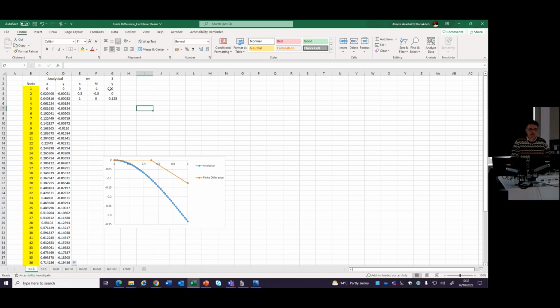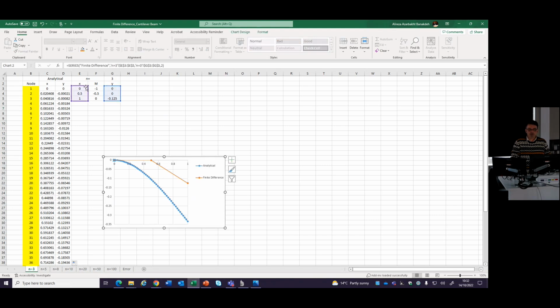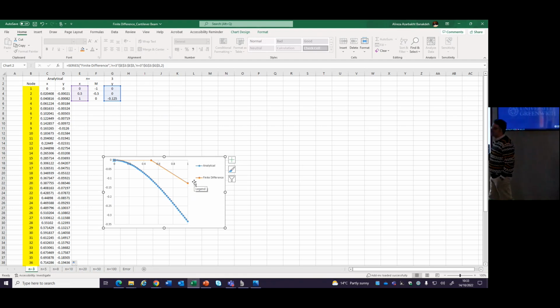And if you draw this one versus this one, you come up with this figure. Obviously, it is a y function based on only 3 points. If you have only 3 points, you cannot really anticipate that this function matches the real exact solution.